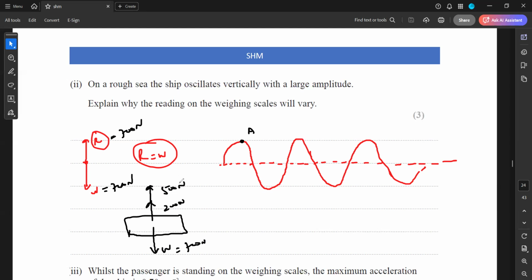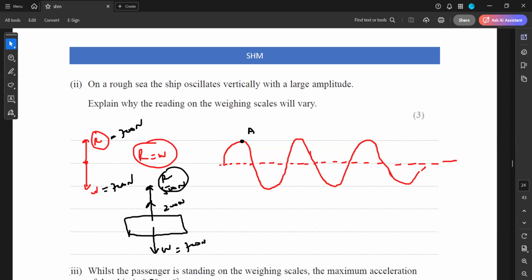So as a result, what will happen? The value of the normal contact force will decrease because relatively he is stationary, but he is being pushed up by the waves as he is above the equilibrium position. So there is an upward force as well. To balance the downward force, if 200 is already upward, the remaining 500 is there, so the normal contact force will be 500.